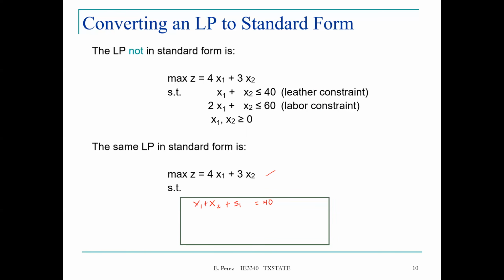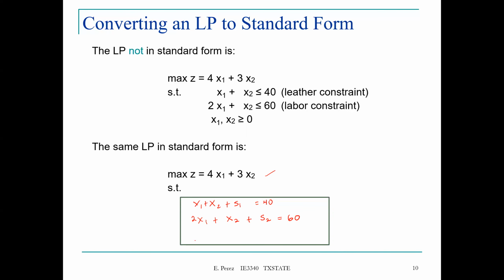Then we have another slack variable for the second constraint: 2x1 plus x2 plus the slack variable for the second constraint, use a different name, s2, is equal to 60. So those are the constraints.